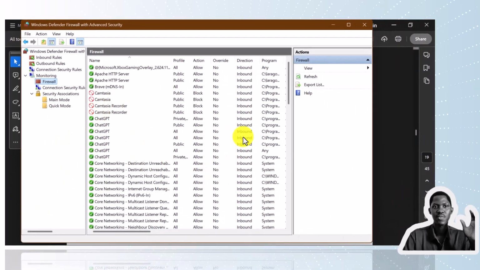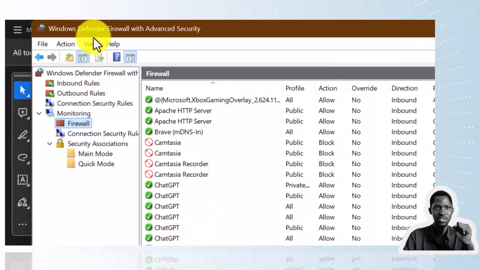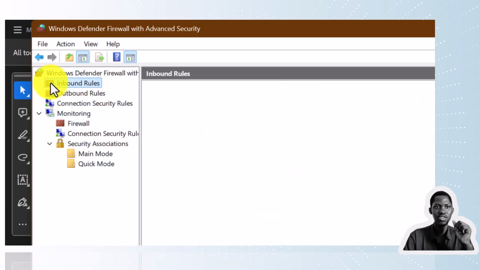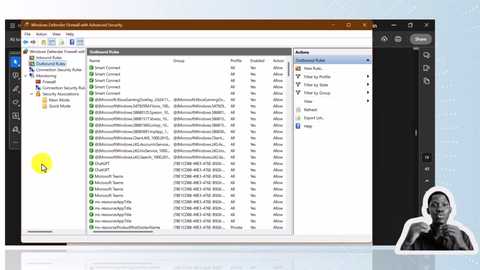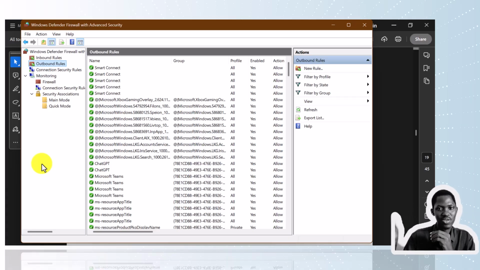See, this is Windows Defender Firewall. You understand? So I can do a lot of things here. You can see we have inbound rules, outbound rules. You can set rules because firewalls deal with rules. So if I've set a rule that this particular IP address should not be available to my system, that nothing on my system should be able to communicate with this particular IP address, then nothing on my system will be able to communicate with that IP address.